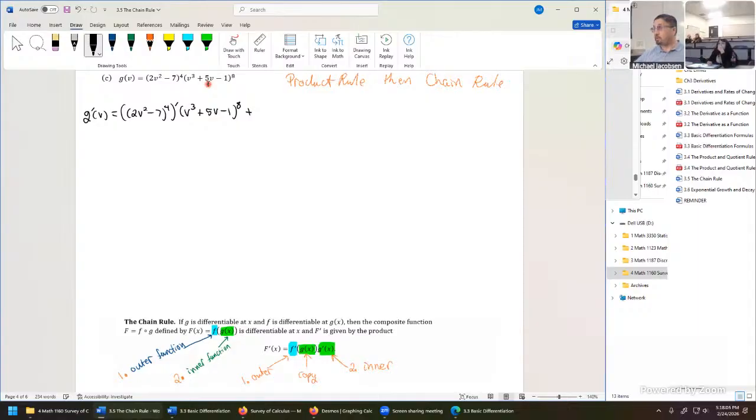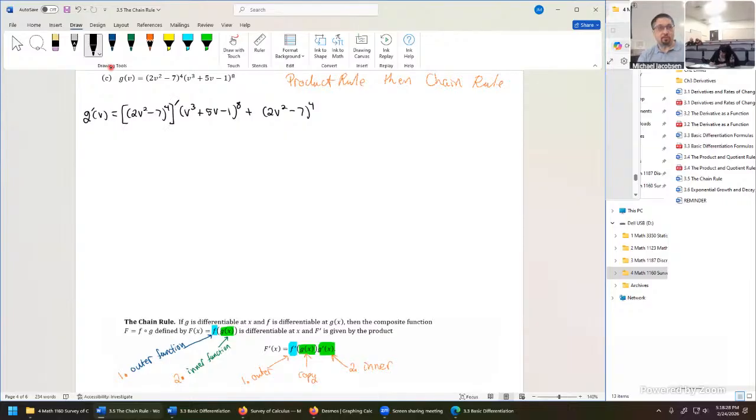Then there's a plus in product rule. But this time we're copying the first one, 2v squared minus 7 to power 4. We multiply it by this function, but we also differentiate it. And I think brackets are going to look just a little bit easier visually. Let me convert this to brackets.